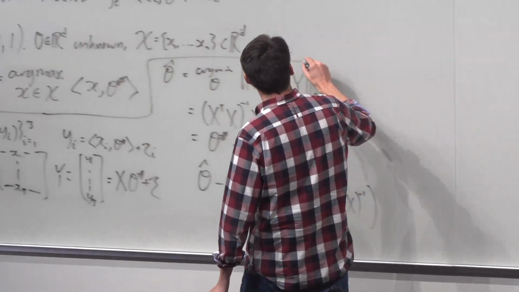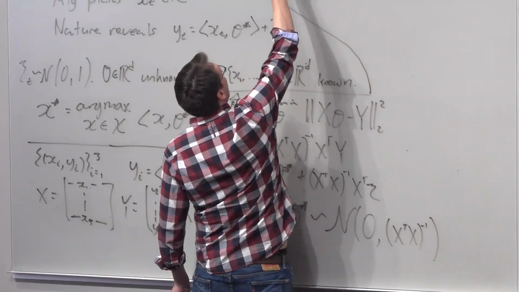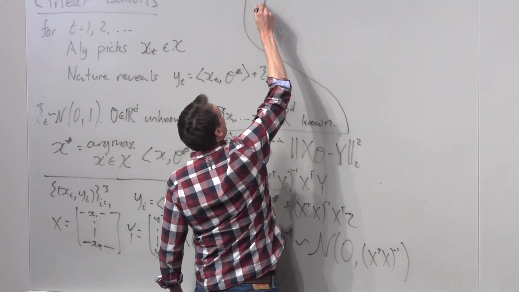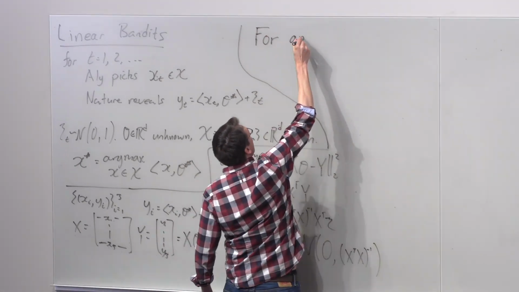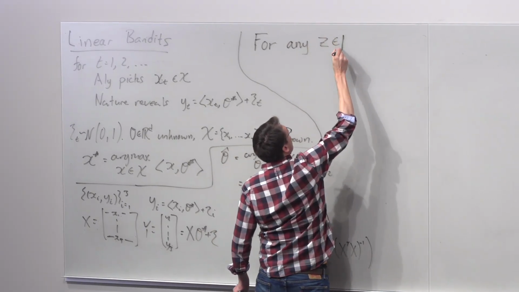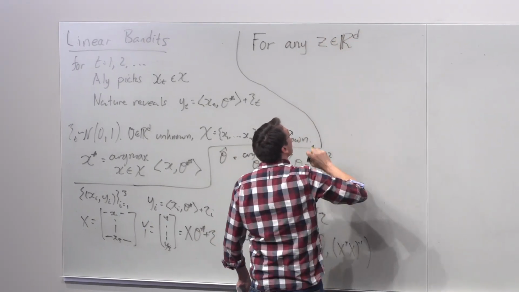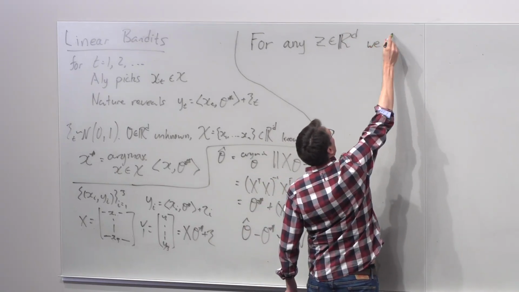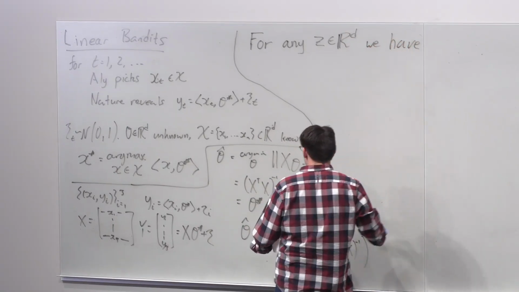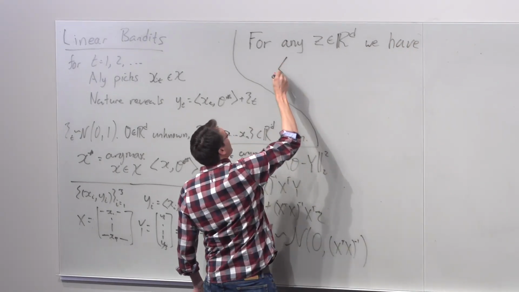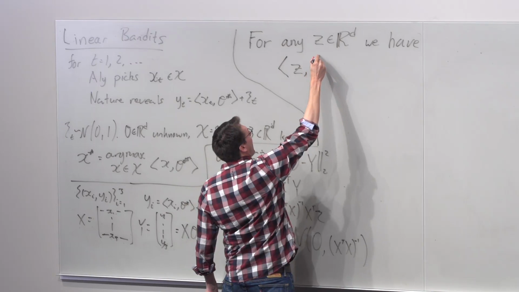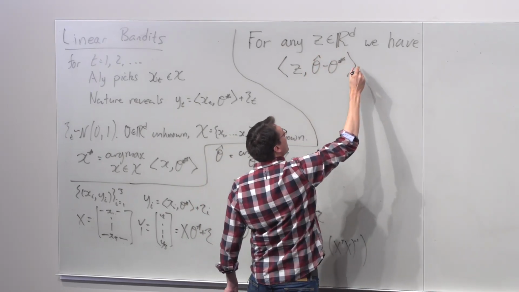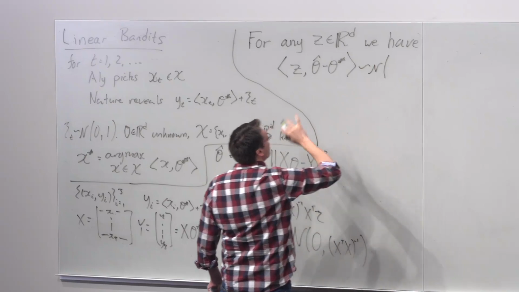Now, most importantly here, though, is that we can do something very nice where for any z, by the same rules of Gaussian distributions, we have that if I inner product z with theta hat minus theta star, now z is a fixed vector in R^D.